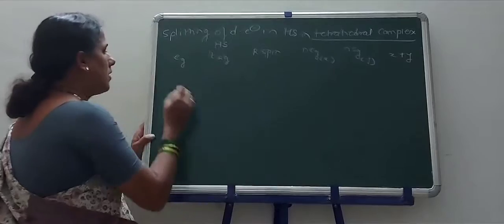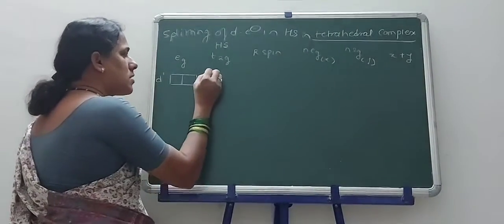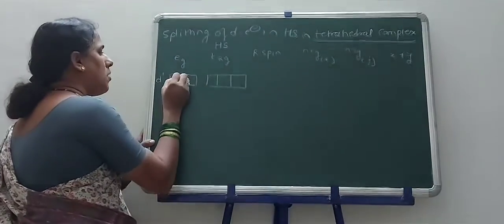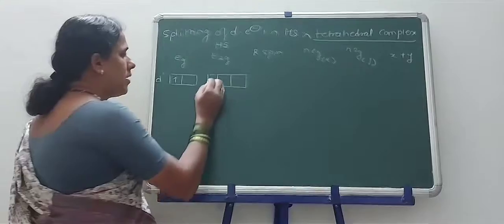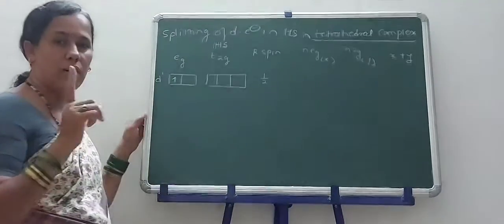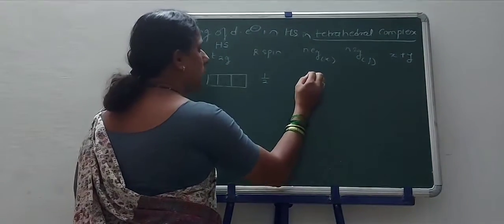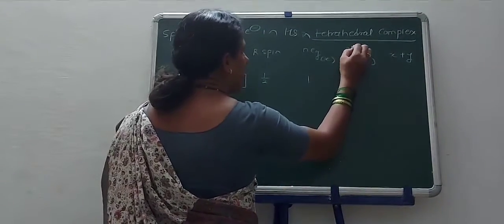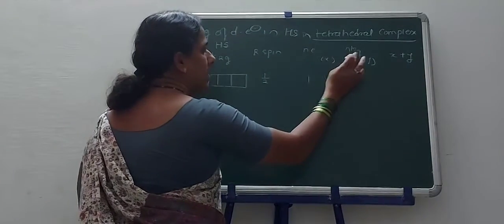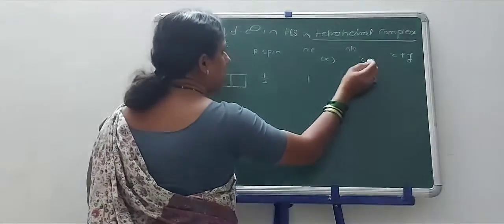Now for d1, you can draw it as a box. One electron goes in the T2 orbitals, therefore the resultant spin is equal to half, one electron for half according to the spin quantum number. N of E is equal to 1. Here we can call them E and T2, therefore n of T2 is equal to 0.